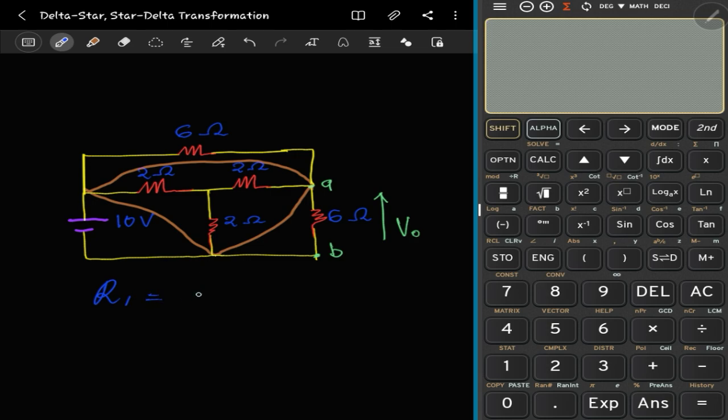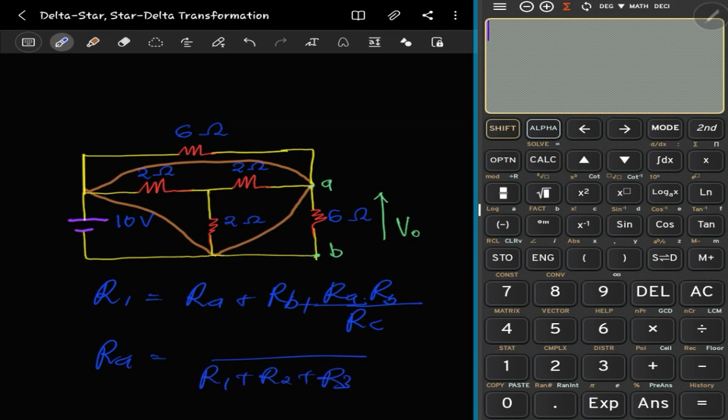R1 is equal to RE plus RB, right? And then we have RE plus RB, all over RC, right? And then we have something of this sort, RE being equal to R1 plus R2 plus R3, right?